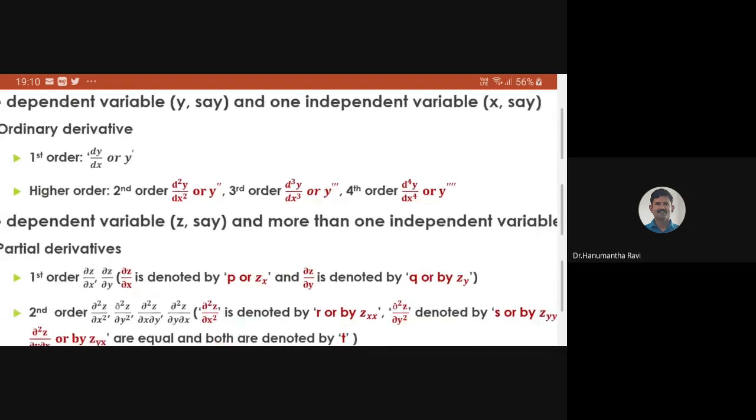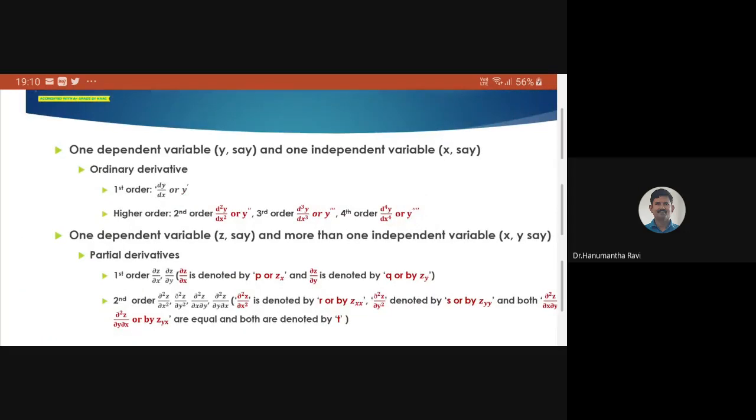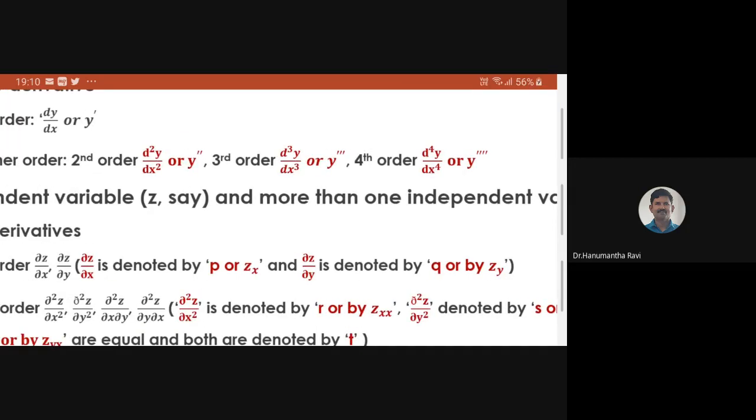Moreover, when there is one dependent variable, in this case say z, and more than one independent variable, in such a case, the question of partial derivatives will come into the picture. So for first order partial derivatives, z being the dependent variable, we can talk about two first order partial derivatives, that is dou z by dou x, dou z by dou y.